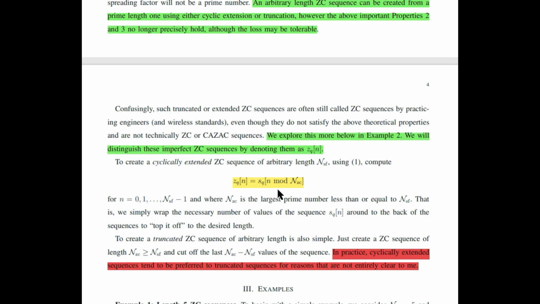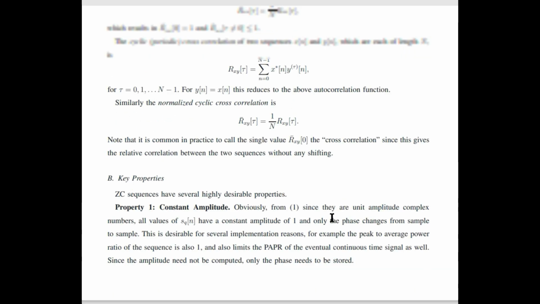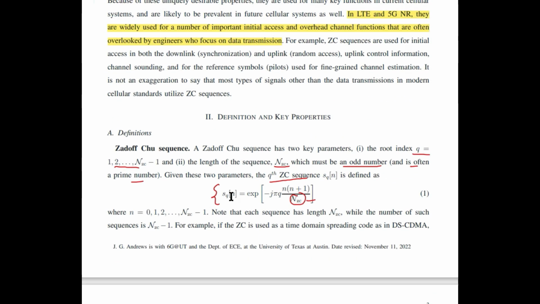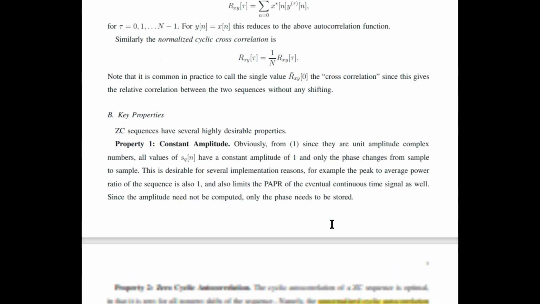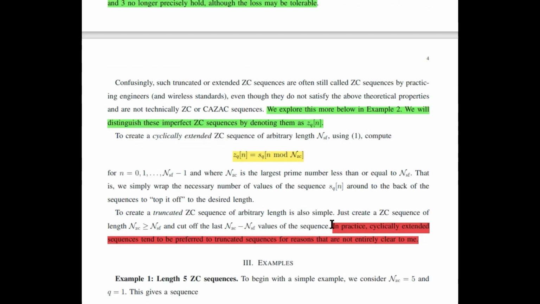Why, when taking 12, am I not taking 14 or something? There is another importance we will discuss later on. So we need the necessary values of SQN, which is already defined in the upper section: SQN is the exponential of minus j pi q n into n plus 1 by NZC. So we can take the value from here.